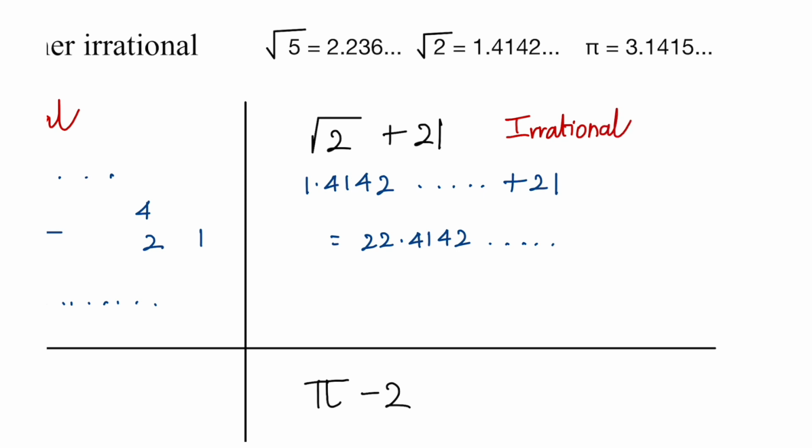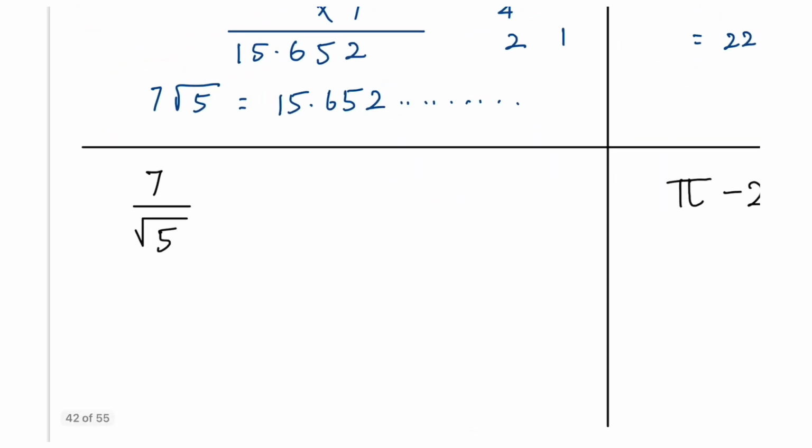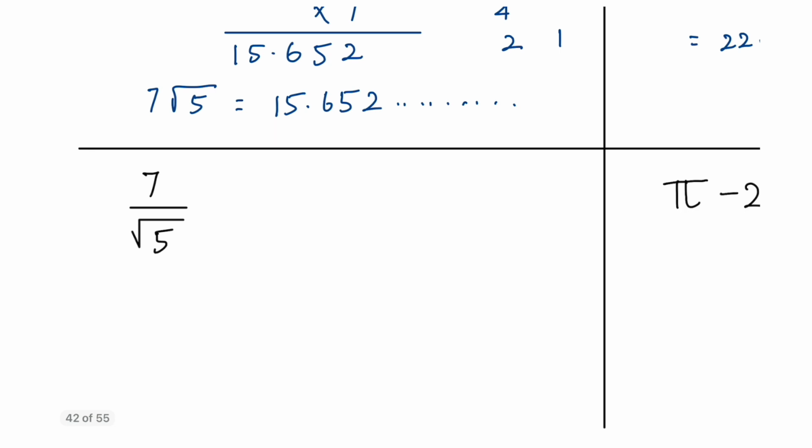Right? Now we'll move to the next subdivision, which is 7 divided by root 5. Now for 7 divided by root 5, we don't want to do it straight away. We'll do a simple transformation that would help you find the value easily.